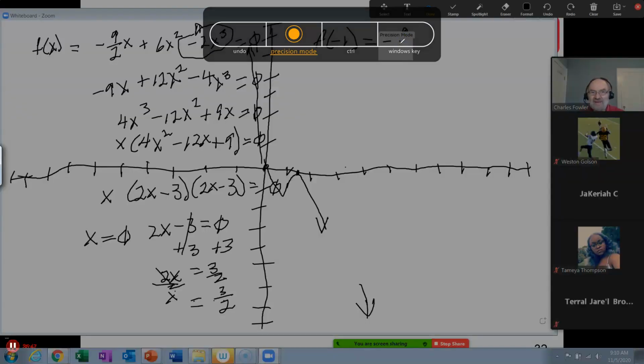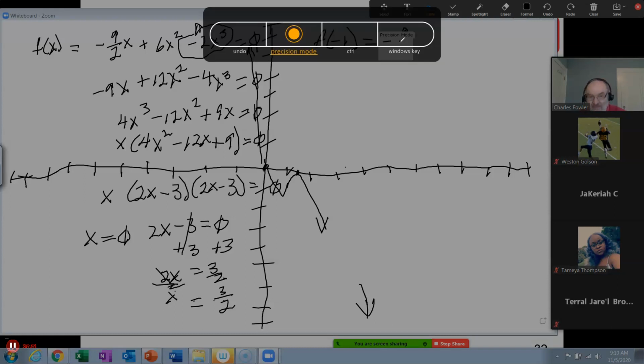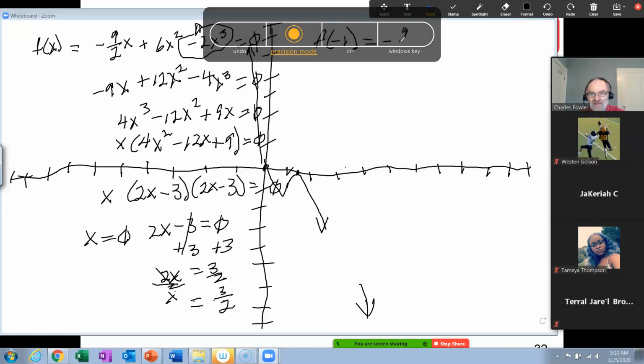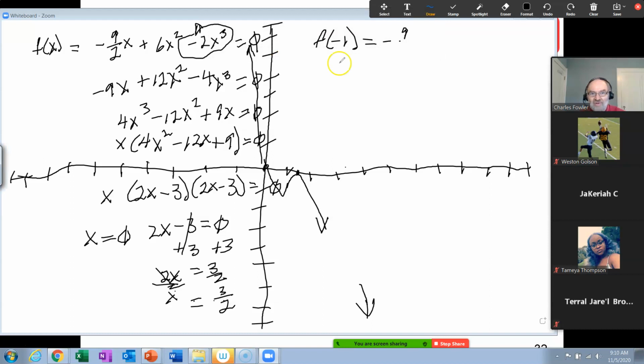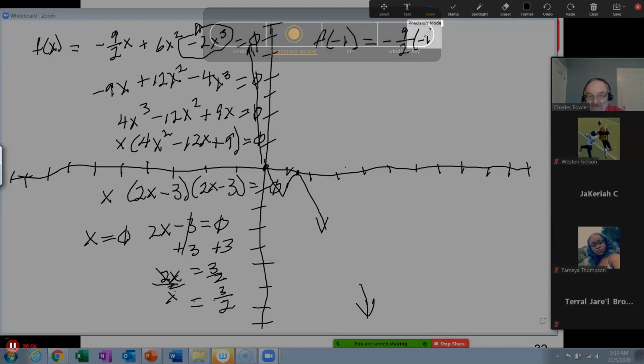Oh, I just got a black thing that showed up on the screen that blocked my writing. Minus 9/2 times a -1.